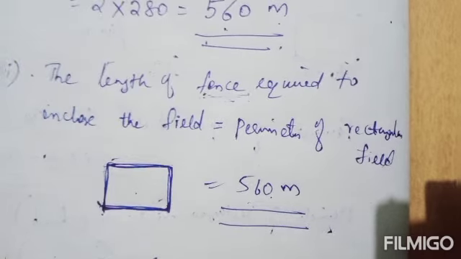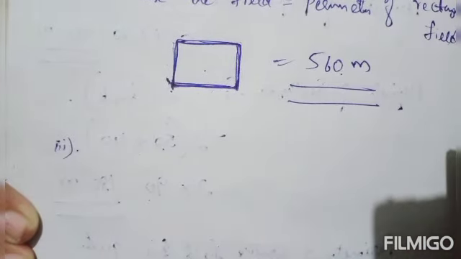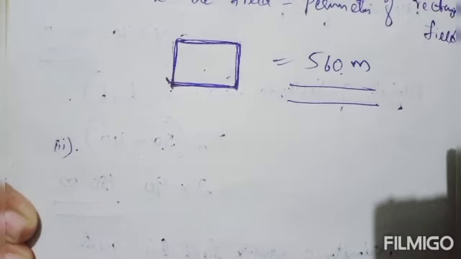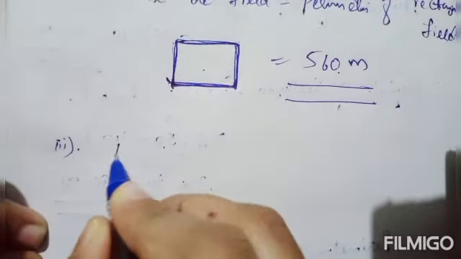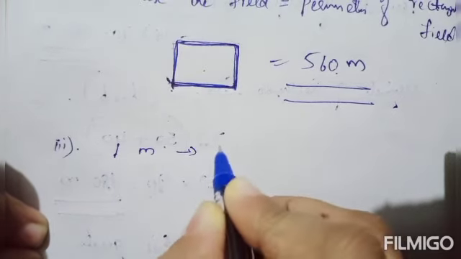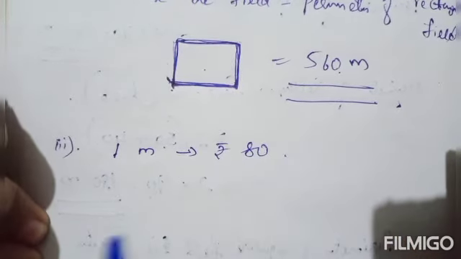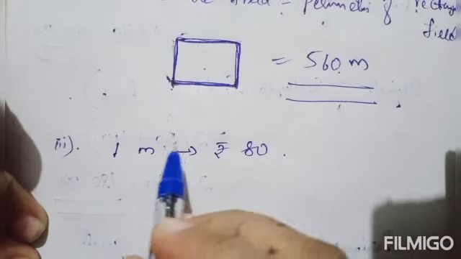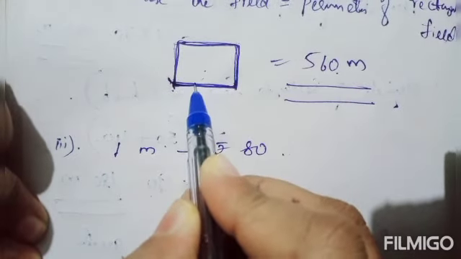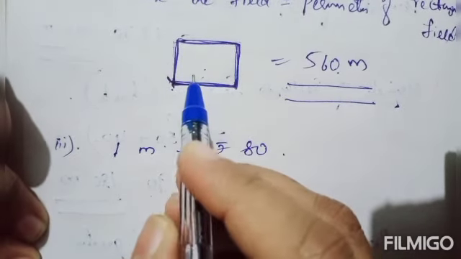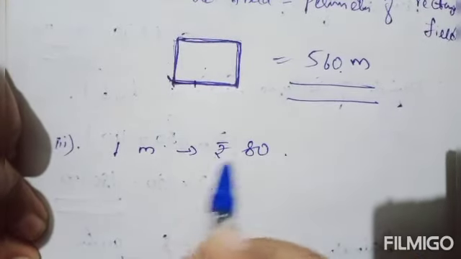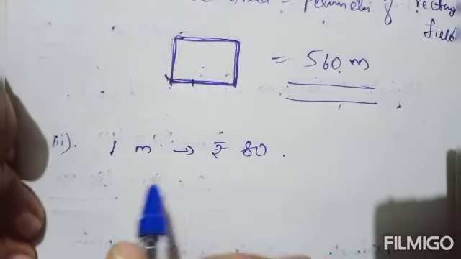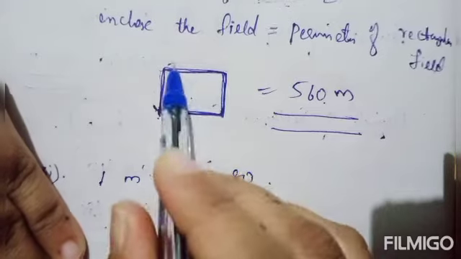Okay. In that third one, the cost of fencing the field at the rate of rupees 80 per meter. That is, for fencing 1 meter, the cost is rupees 80. It is given. So what will be the total cost? Total how many meters is the rectangular field?